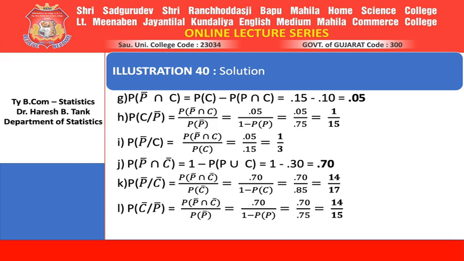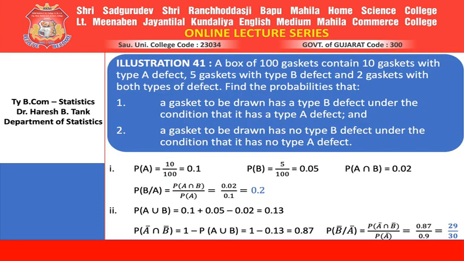Let us have one more example. A box of 100 gaskets contains 10 gaskets with type A defect, 5 gaskets with type B defect, and 2 gaskets with both types of defects.